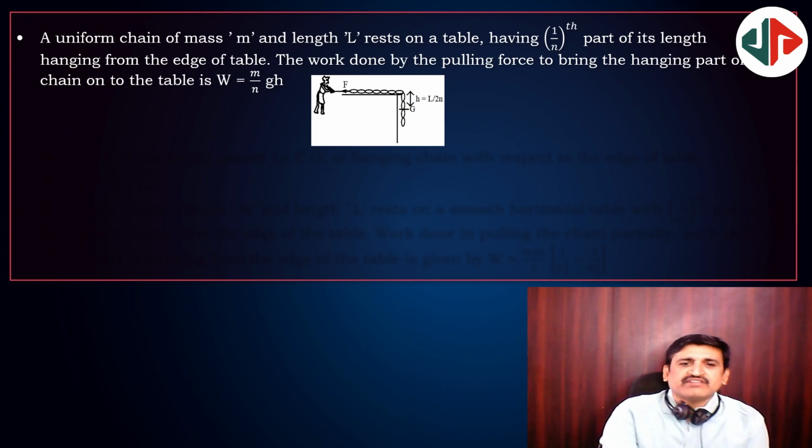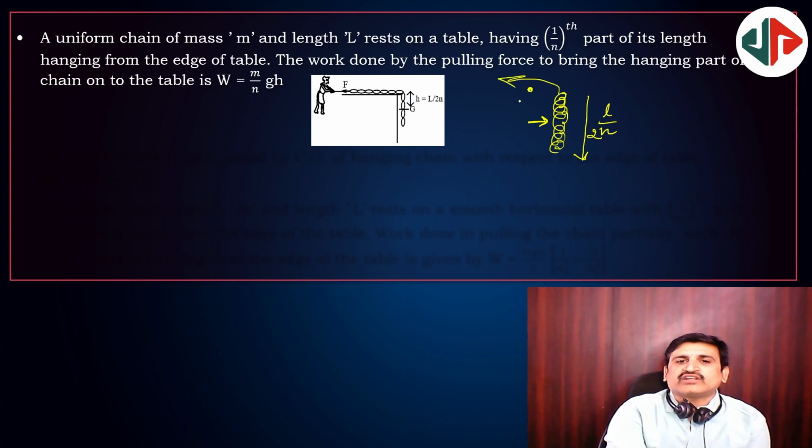Why, sir? Suppose this is the chain. This length is hanging. See, this length is L by n. L by n is hanging. But its mass will be concentrated here, so half of that you have to take. So mass initially hanging here, finally here, because it's pulled onto the table. This is final, this is initial.